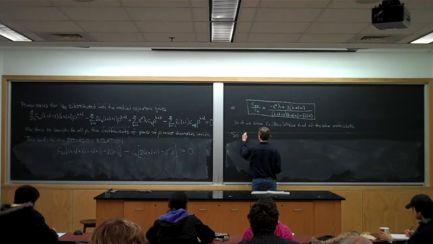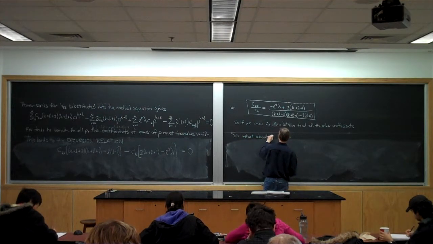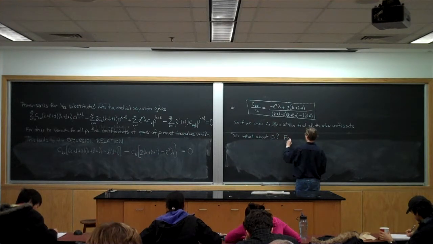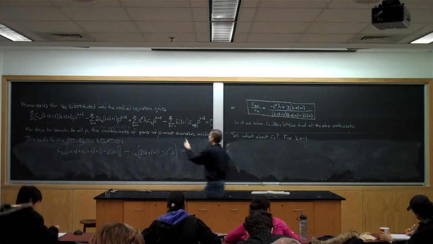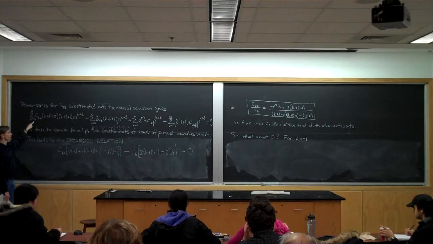So what about C0? Well, two of these sums start with k equals minus 1.